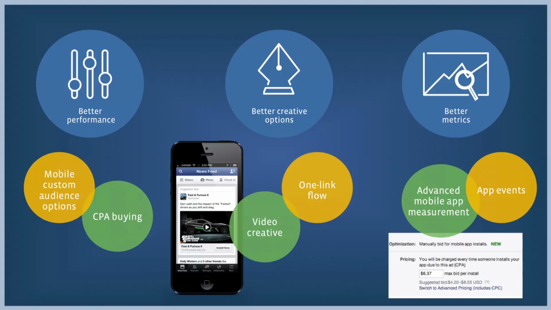So these are all really exciting things we have coming, or that have already been released, actually. There's more coming, so continue watching our developer blog where we make all these announcements. We are really significantly investing time and effort into making both mobile app ads for installs and engagement a lot easier and better to use.